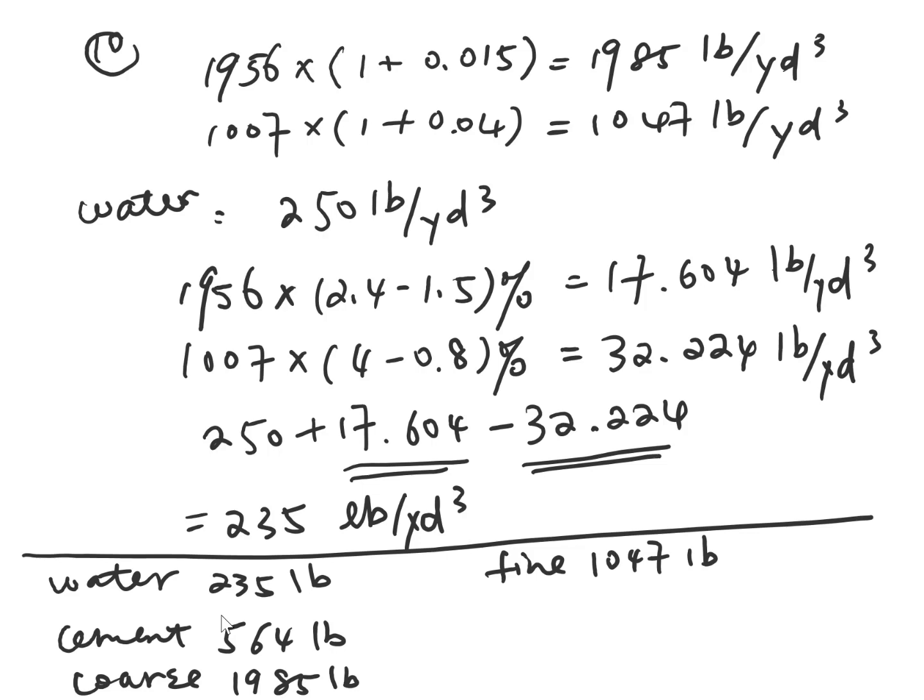And finally, we also need admixture, which is iron trainer for this case. So we need 3.9 fluid ounce per cubic yard of concrete. So all of them is per cubic yard of concrete.